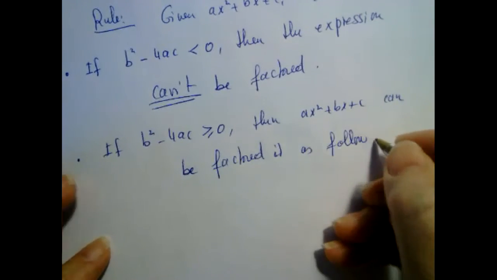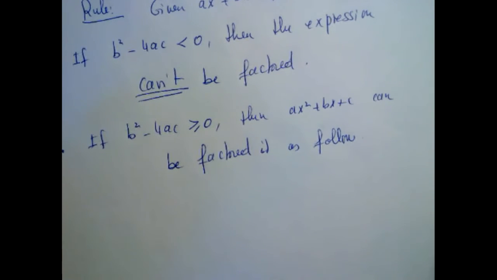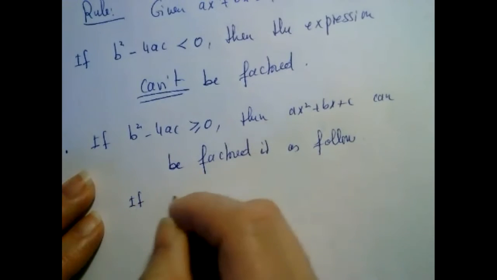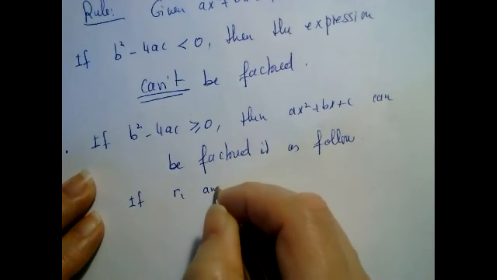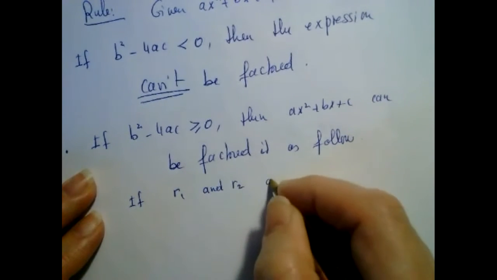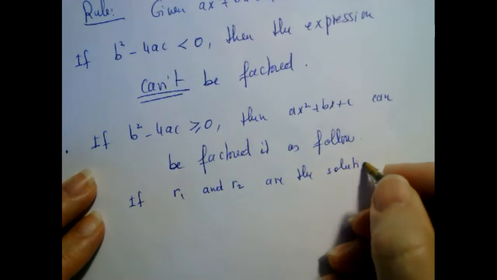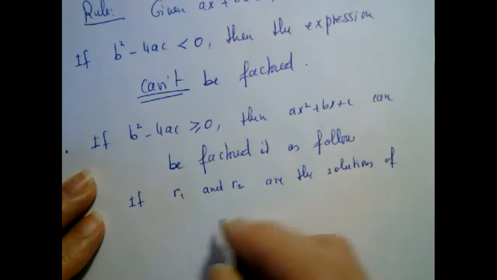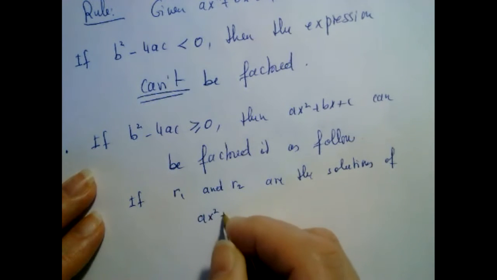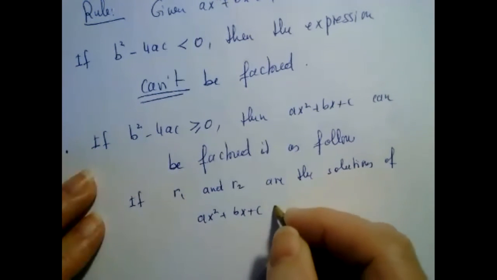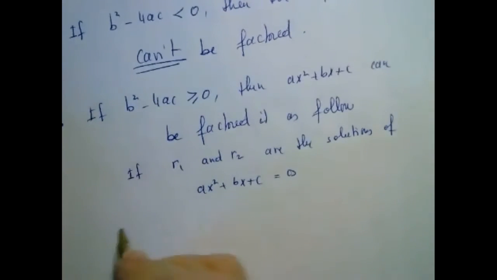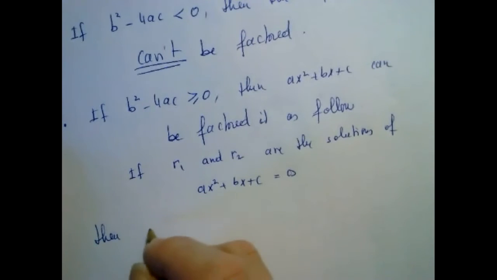Now, sometimes you look at it and you know how to factor it, but sometimes you look at it and you don't know how. But there is a rule we can use. It can be factored as follows. If R1 and R2 are the solutions of the equation ax squared plus bx plus c equal to 0, then that's how we factor it.